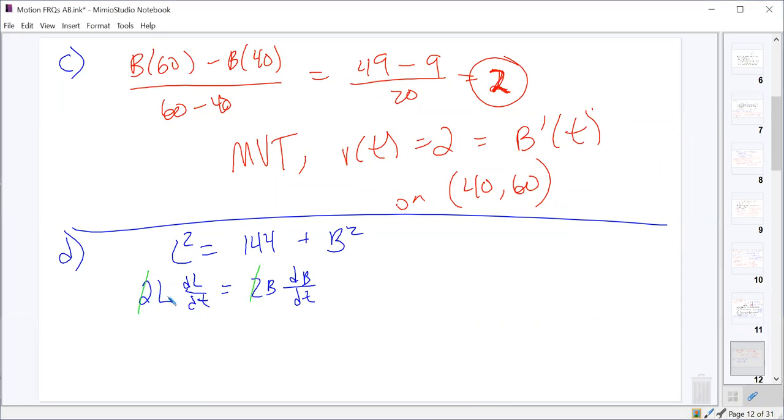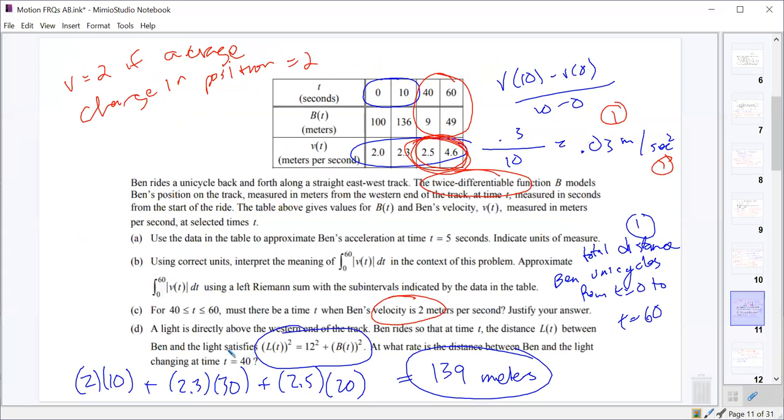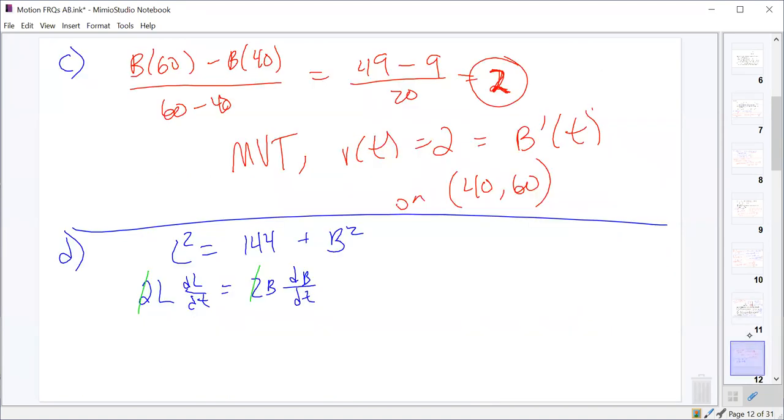So what are we looking for? The rate at which the distance between him and the light is changing at t equals 40. So we're going to look for what is L at 40, and then we're looking for dL/dt, and then we're looking for what is b at 40, and then what is db/dt? Well, db/dt, the derivative of b, is v of t, isn't it?